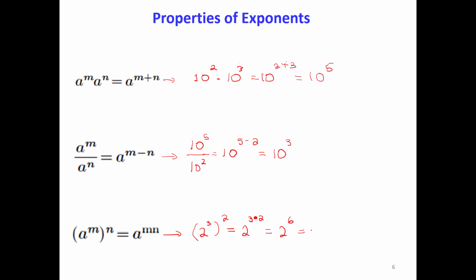If we want to solve this one, 2 times 2 is 4, 4 times 2 is 8, 8 times 2 is 16, 16 times 2 is 32, 32 times 2 is 64.